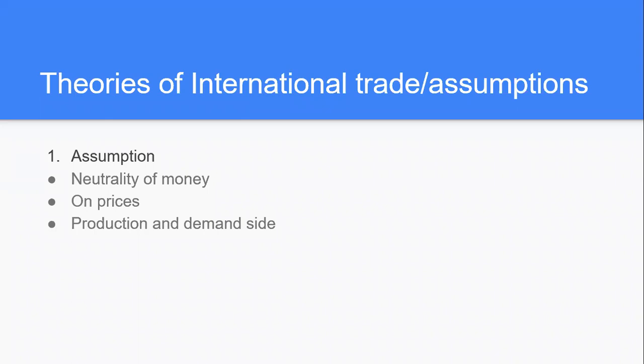Then on the production and demand sides, I'll start with the production side, where there's an assumption that the total amount of factor production is fixed for any one country. The production assumption also takes into regard the elastic supply curve, that production is characterized by an elastic supply curve.